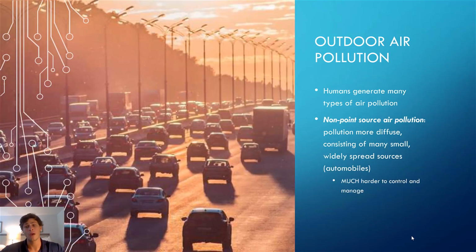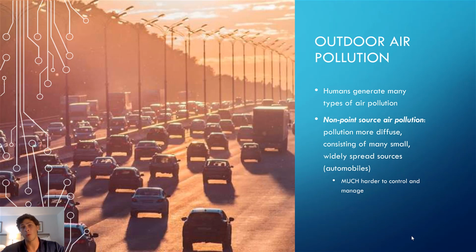Contrast that, though, with something called non-point source pollution. Non-point source pollution is pollution from diffuse, multiple sources that occur in very large scales across many areas. Now, these can be things such as automobiles, which release CO2 or smog or different pollutants from many diffuse sources. And because they come from so many areas, non-point source pollution is much harder to control.